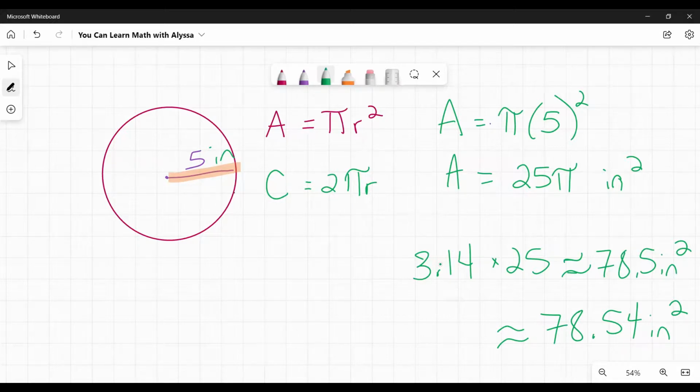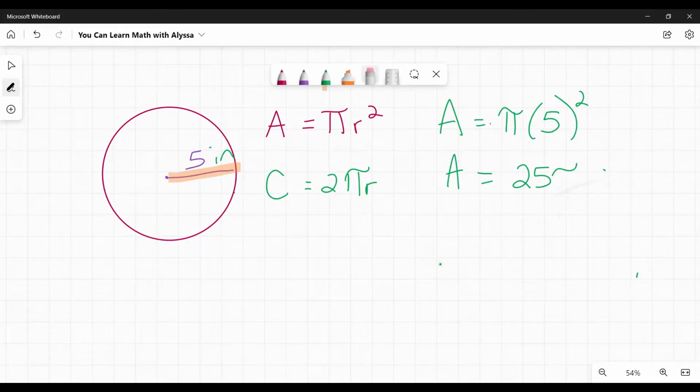So you'll see it's very important here to know if your teacher wants you to leave it as pi, use a rounded form of pi, or, and I didn't write this, I should have, just use the pi button on your calculator and then give them a rounded answer. Always check with your teacher or read the instructions very carefully to make sure you're giving them the answer they're looking for.